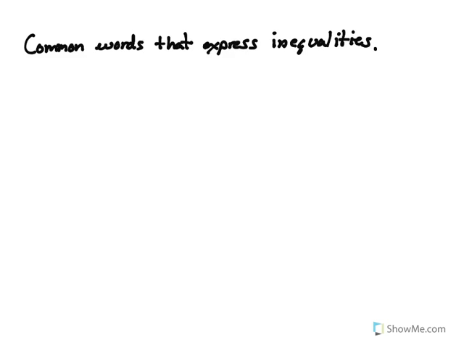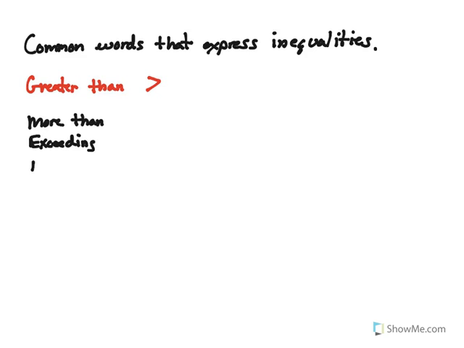All right, and the first one is greater than. Okay, and that's simply this. And common words that are used for greater than would be more than. You can use the word exceeding, above.